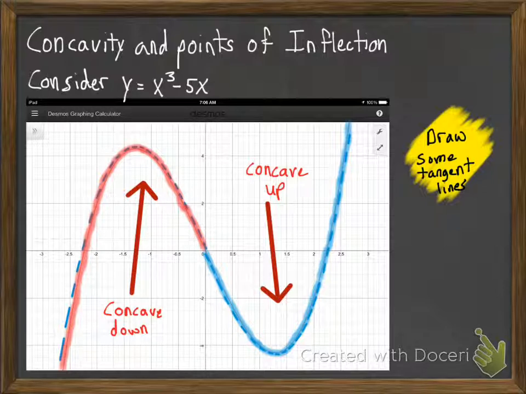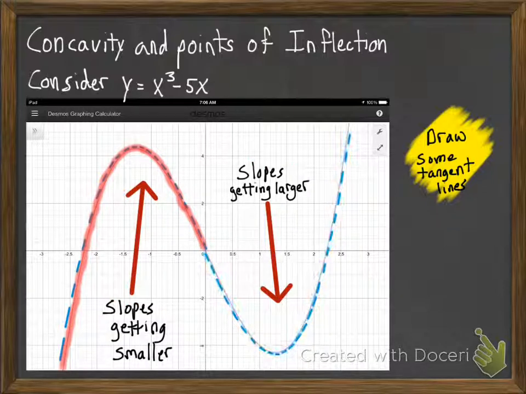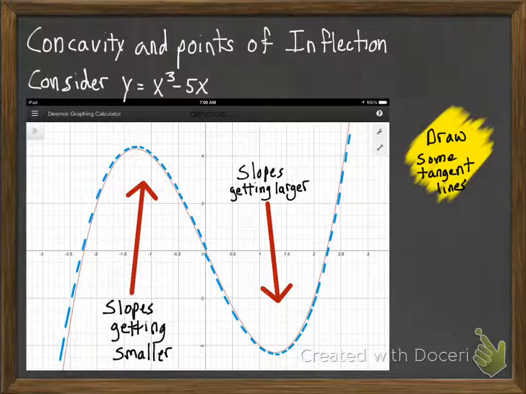And again, to help you see that a little bit more, let me take the shading away. And you can see when the slopes are getting smaller that the graph is down from the tangent lines, or concave down. And that when the slopes are getting larger, the graph is up from the tangent lines, so we say it's concave up.